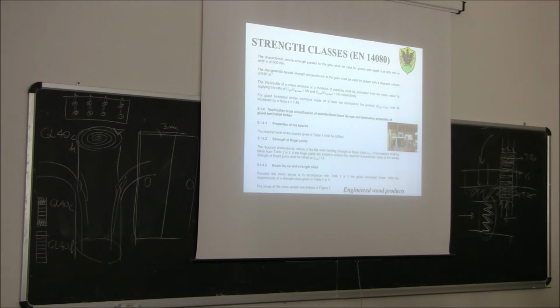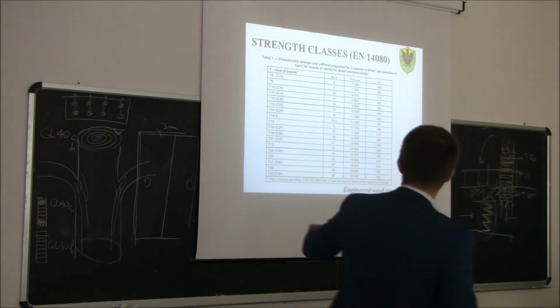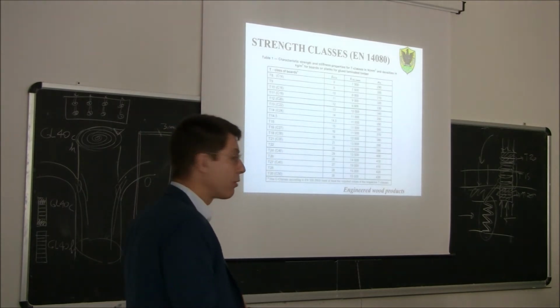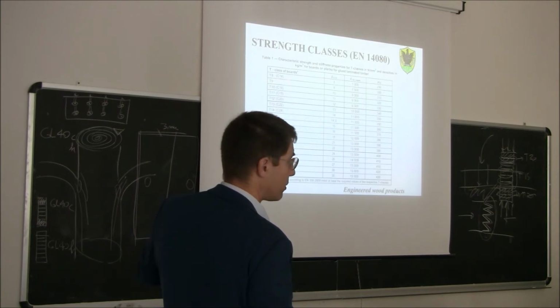So first of all, we need to use boards which have been classified for tensile strength. You see here there is this table showing the kind of board that we should be using in our glue lam. So T class of boards, T8 corresponds to C14.